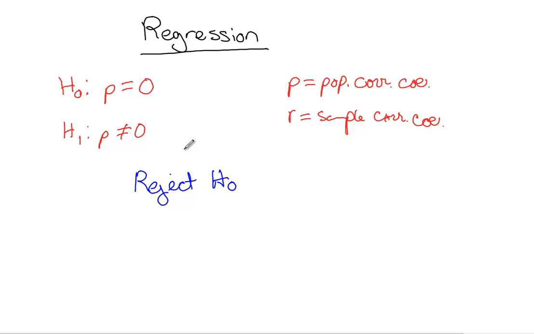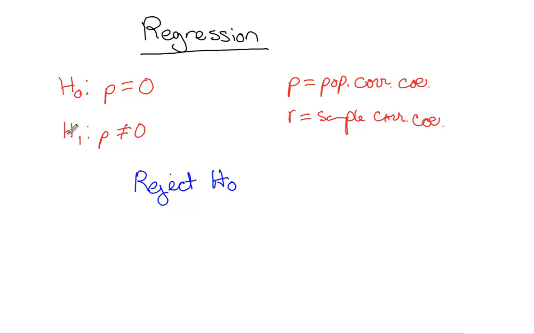So we do the hypothesis testing, and if we reject our null hypothesis, that means that there is significance for the correlation coefficient. If there's not a significance for the correlation coefficient, a regression line should not be done. Sometimes it is done just so that we can make predictions, but they're not very accurate predictions.